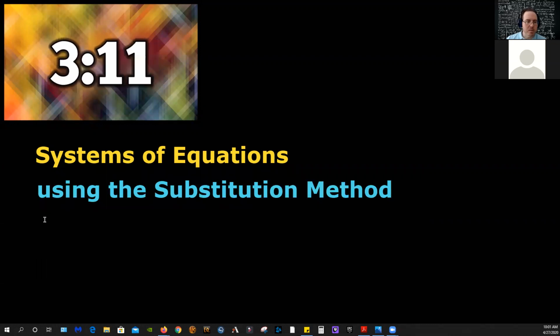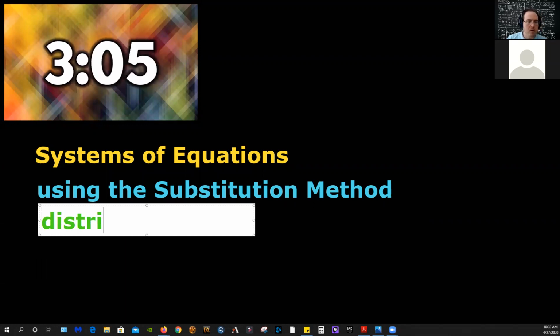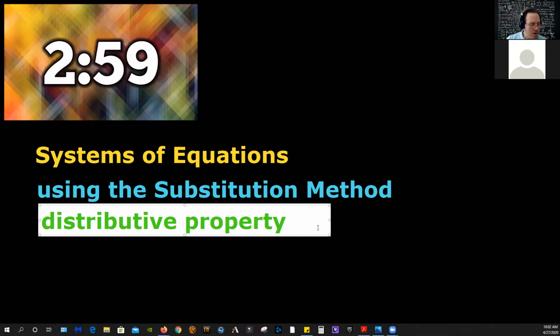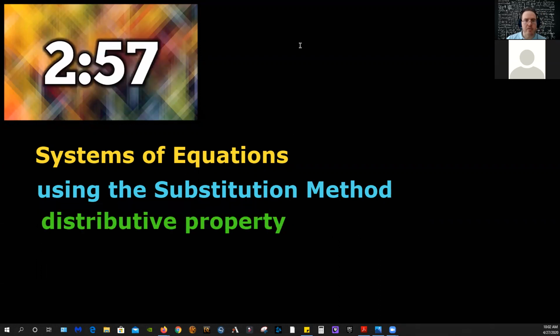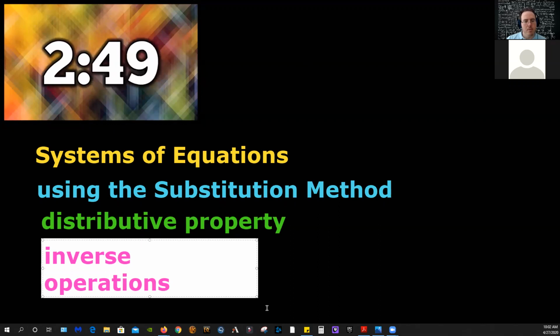And some skills we're going to be using in the middle of that would include the distributive property and a lot of inverse operations.